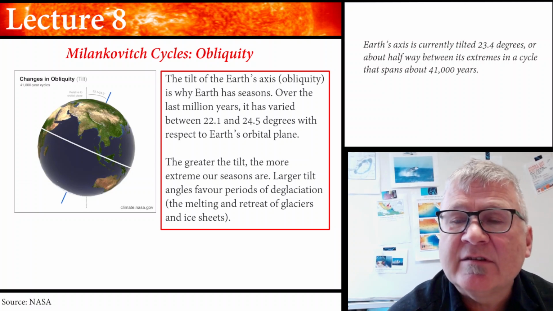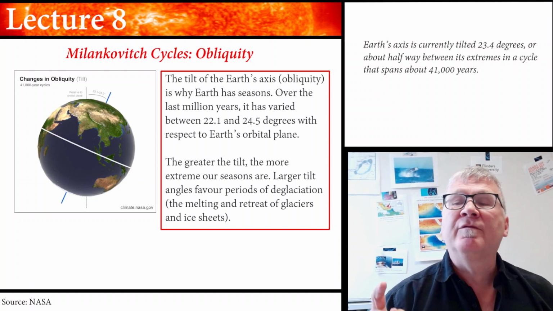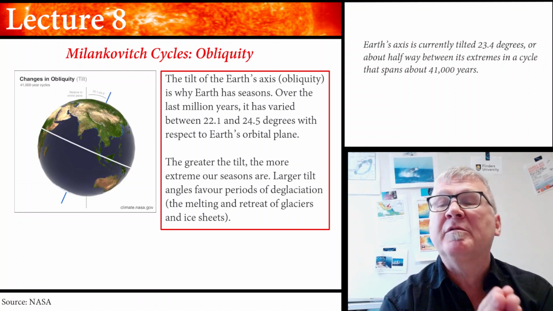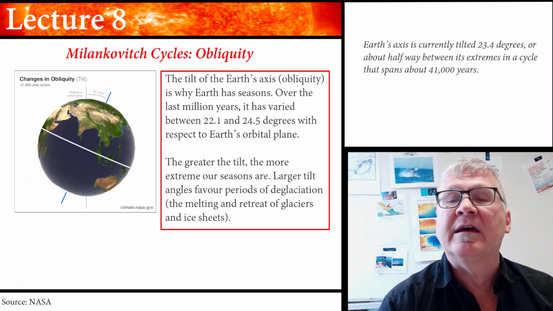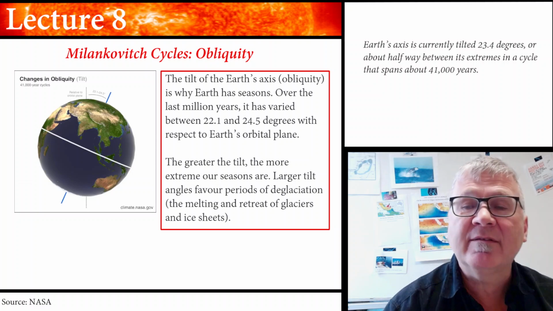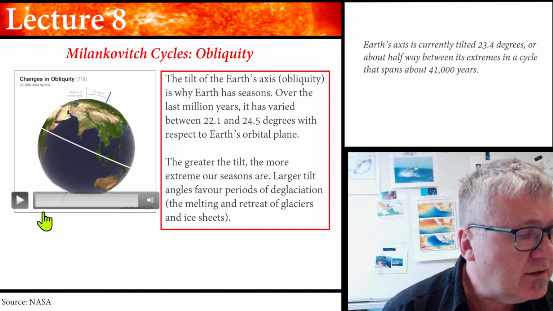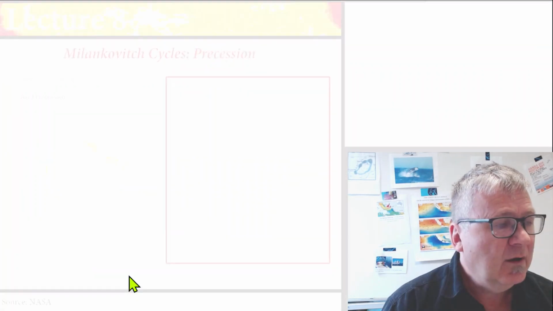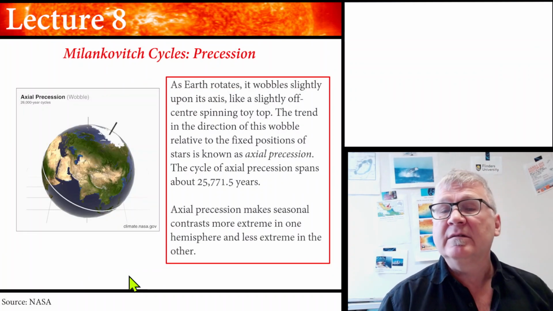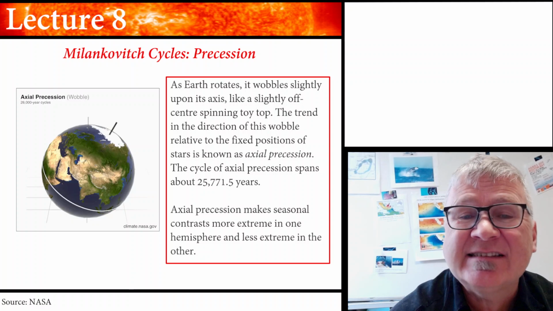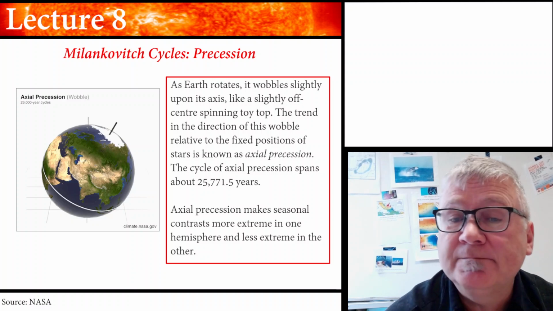The Earth's axis is currently tilted 23.4 degrees, or about halfway between its extremes, in a cycle that spans about 41,000 years.